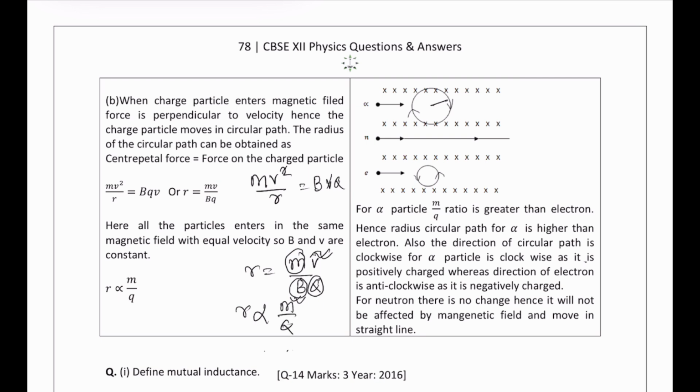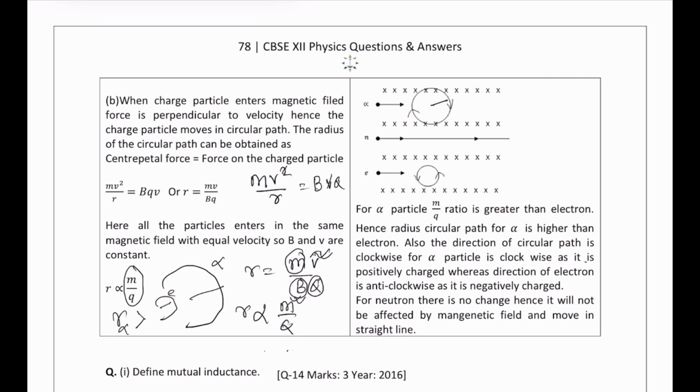Correct? So in this question, whether the alpha particle moves in a greater circle, the radius of the alpha particle will be more or the radius of the electron will be more. Let us see. The mass per charge ratio is higher for the alpha particle because the alpha particle has higher mass, whereas the electron is lesser in mass. So m/q is higher for the alpha particle.